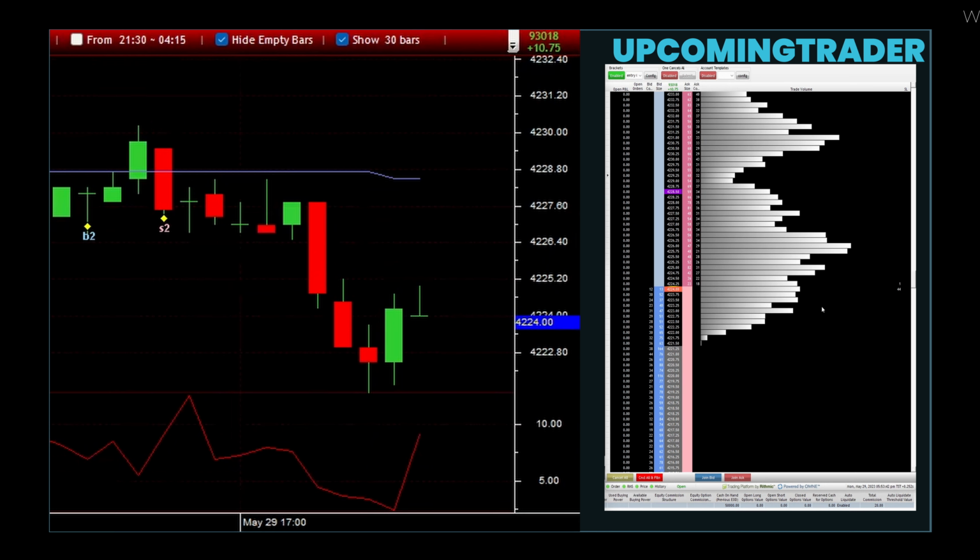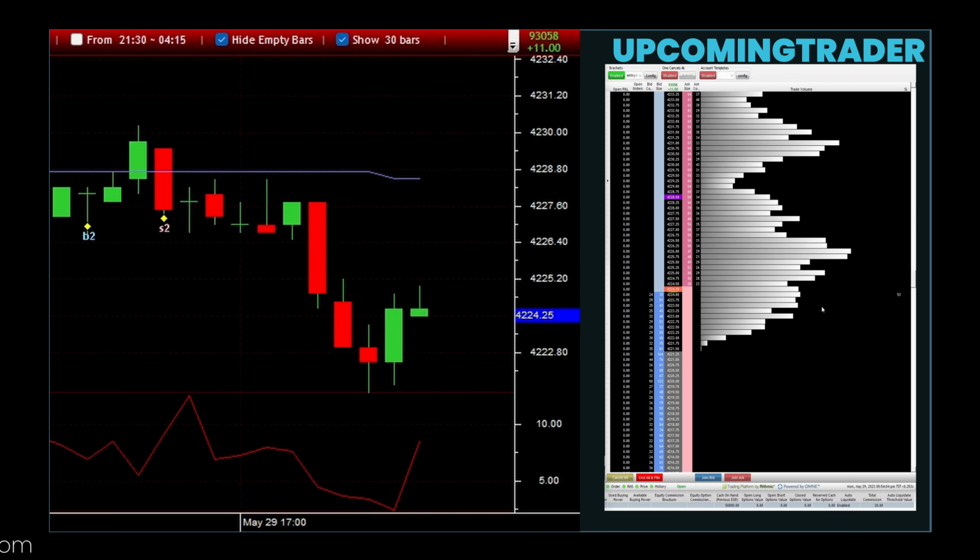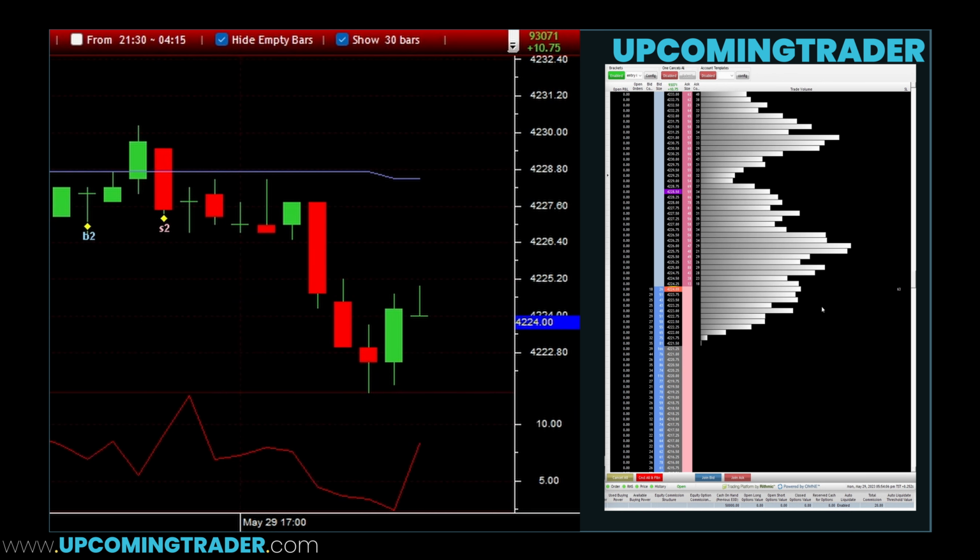Now that we have covered what TPO charts are and how they work, let us get into how to read these charts. If you see a TPO profile that looks balanced, like a bell curve, it means the market is in balance. Buyers and sellers are in agreement, and this kind of situation often leads to consolidation. The price trades in a narrow range, without any big moves up or down.